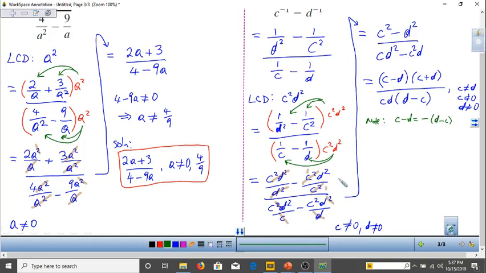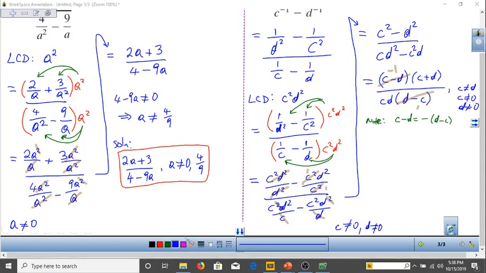So I can rewrite this whole expression here. I can actually do a little cancellation. If I cancel c minus d with d minus c, I end up with a negative 1, because it's like dividing a number by its negative because of this property here.